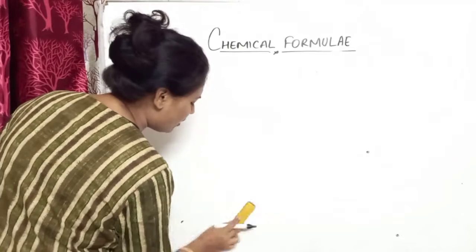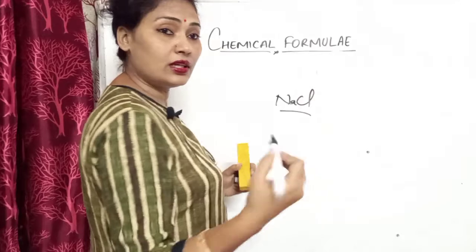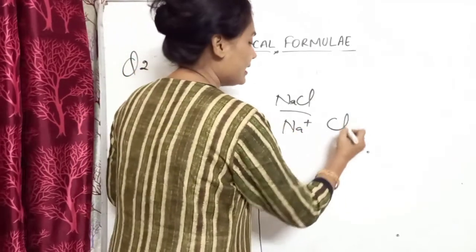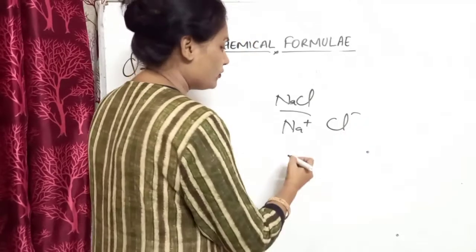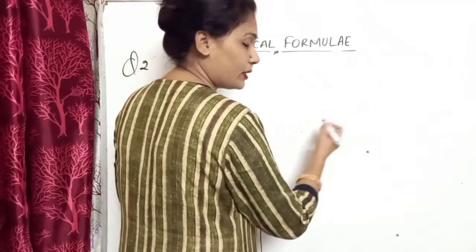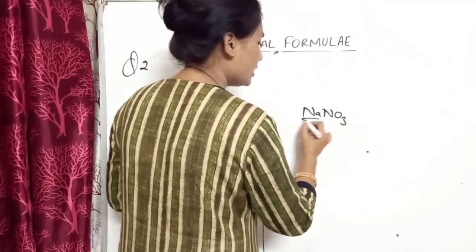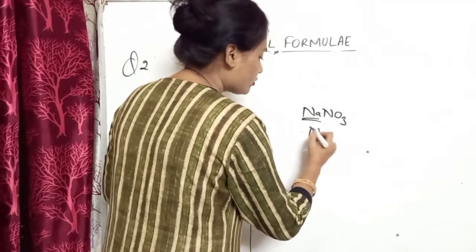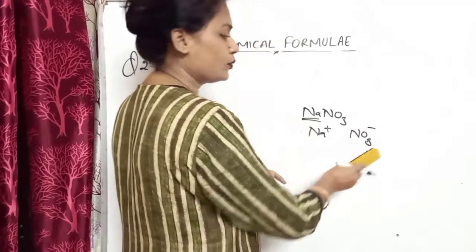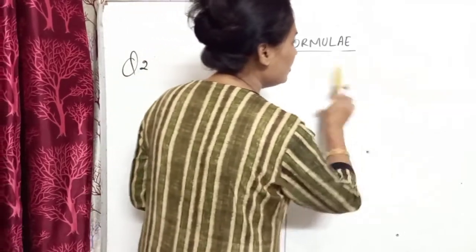If there is a formula of sodium chloride, how can you give the cation? So Na+ is the cation and Cl- is the anion. If there is a formula of nitrate, like sodium nitrate NaNO3, so sodium is the cation and nitrate is the anion. That is a polyatomic ion. So you can easily write these according to the formula.